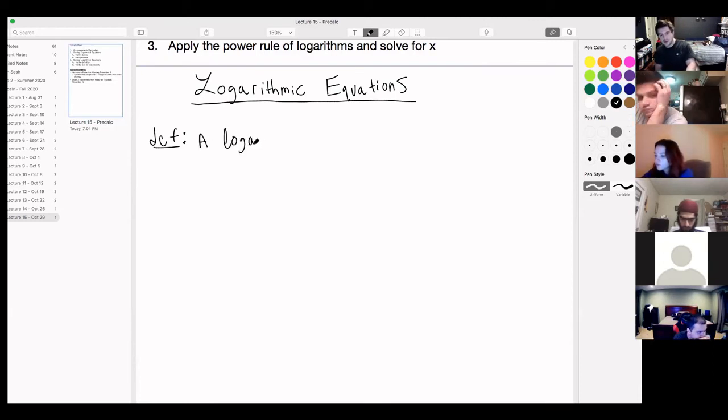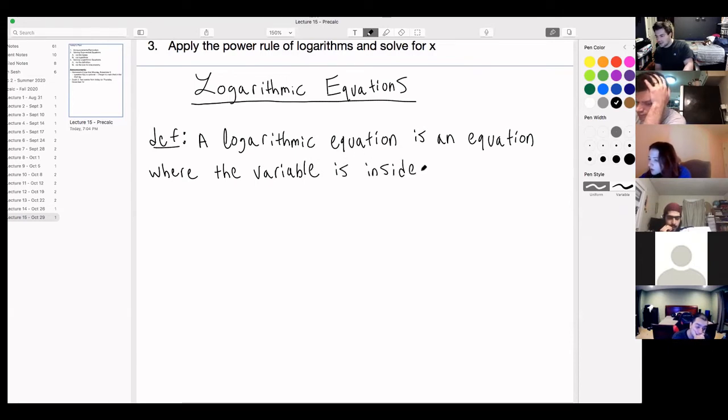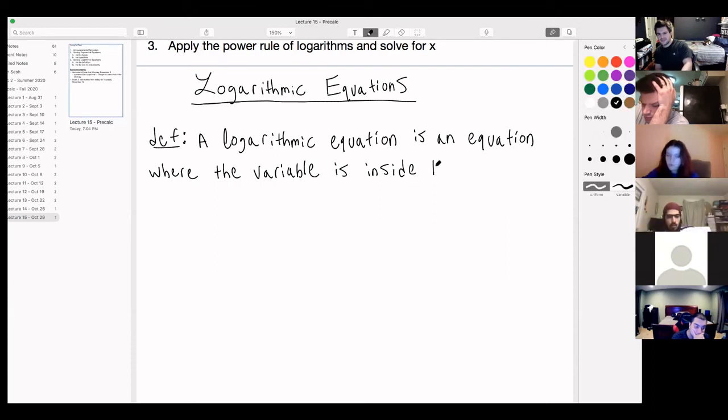A logarithmic equation is an equation where the variable is inside the input of a logarithmic function.